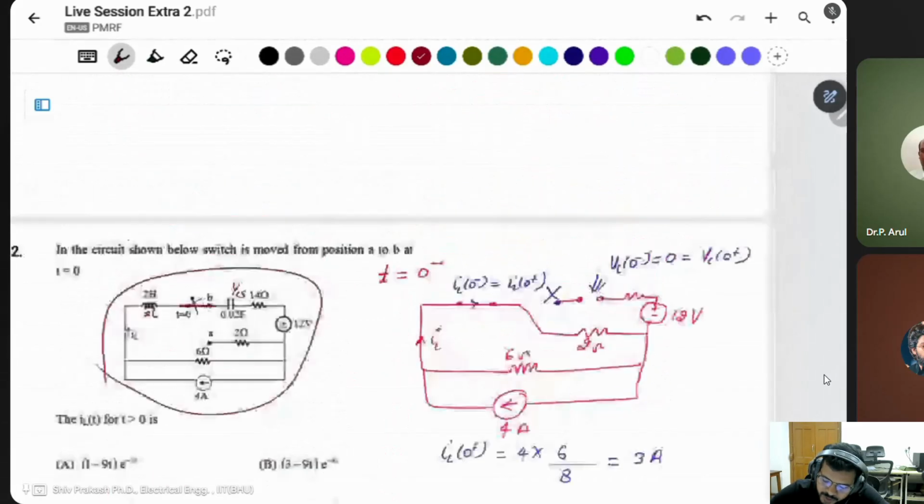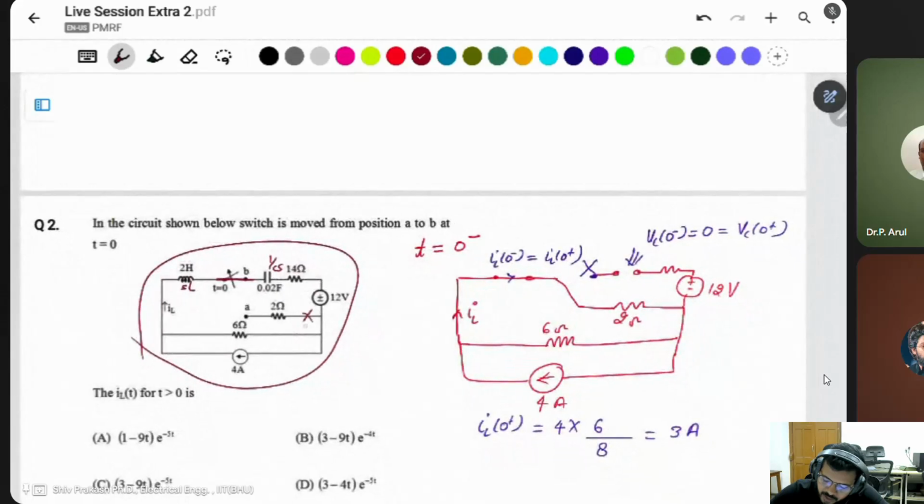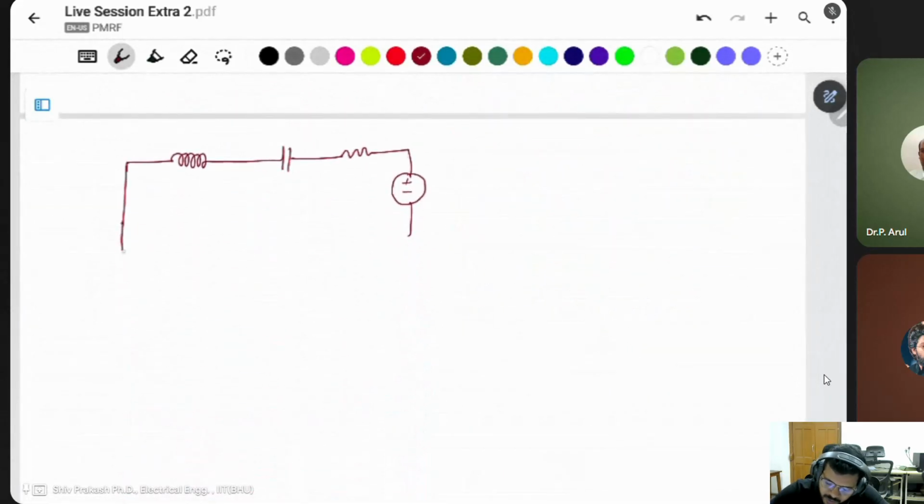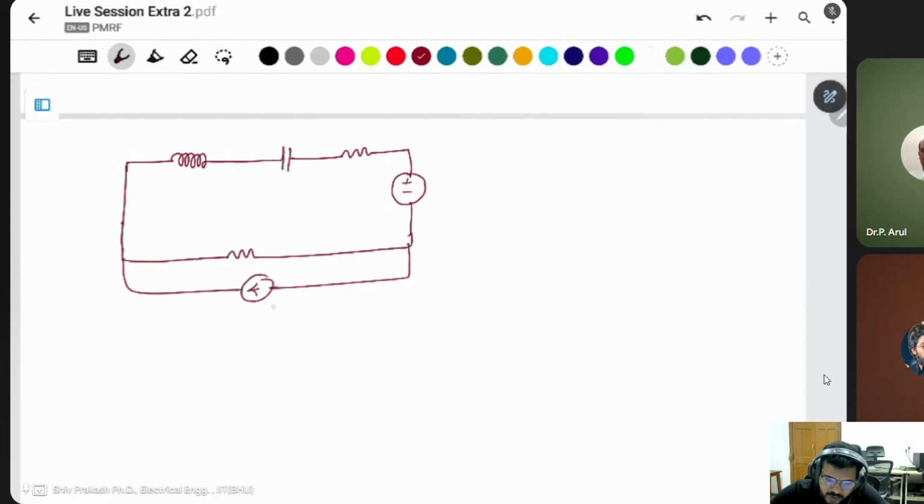This 2 ohm resistance is not connected, no meaning of this one after t equals 0. Only the 6 ohm resistor is here and a current source, which is 4 ampere. This is 4 by S, this is 12 by S, this is 6 ohm, this is SL, this is 1 by CS.